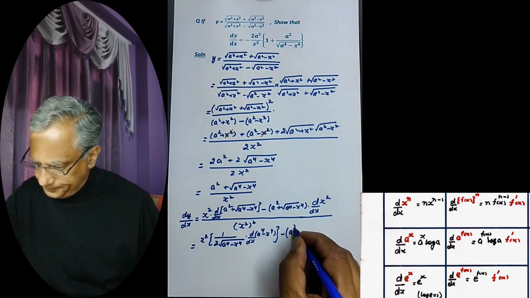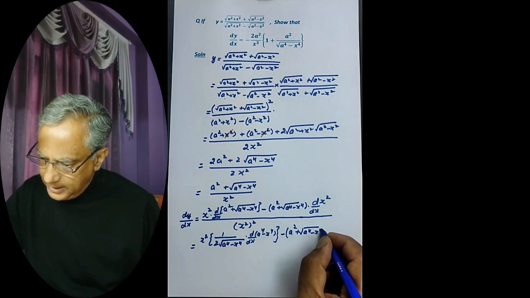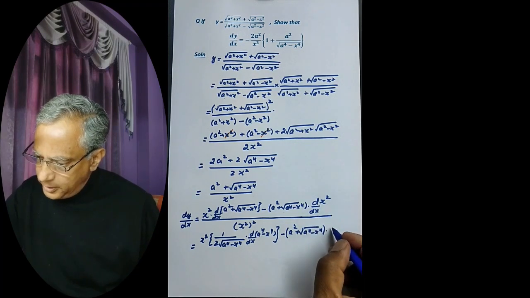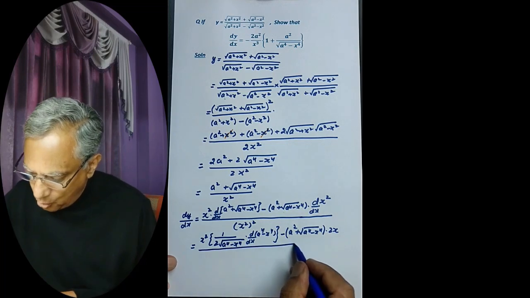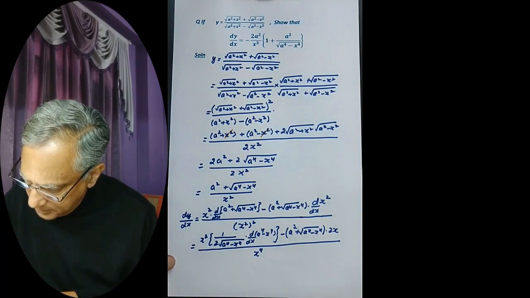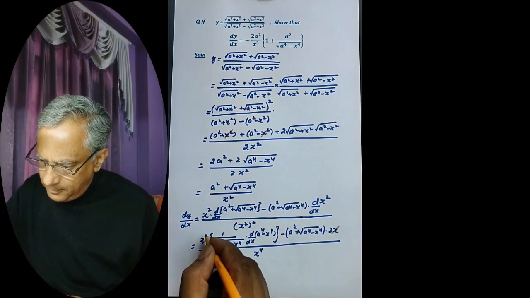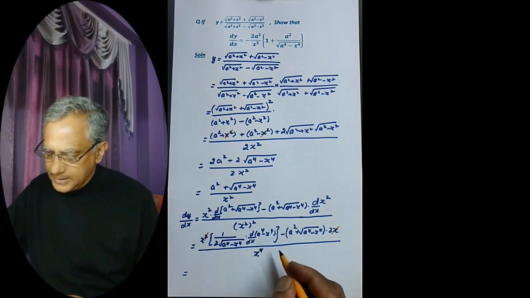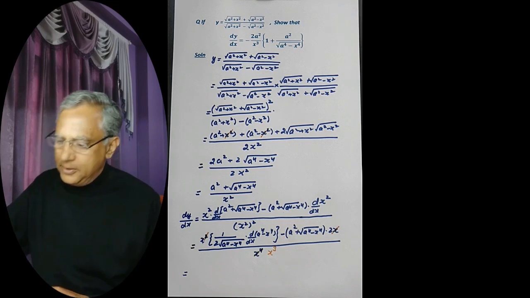Minus (a² plus under the root a^4 - x^4) into d by dx of x², which is 2x, whole divided by x to the power of 4. If we take x common from here, this will be common and will cancel with this and we will be left with x³.